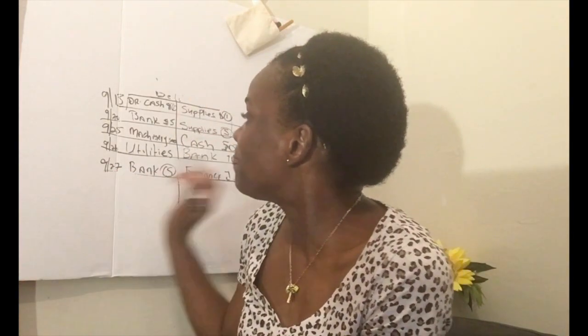Here is one now, and this will be on your midterm and it will be on your finals. Let's say on September 28th, listen to me, you walked into the bank and you applied for a loan. You walked into the bank and you applied for a loan for $10,000.